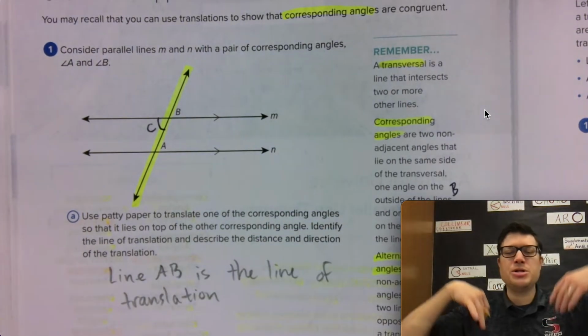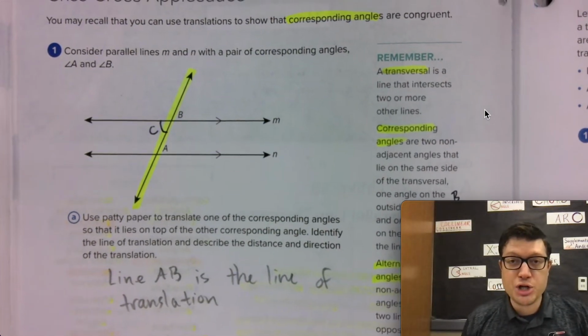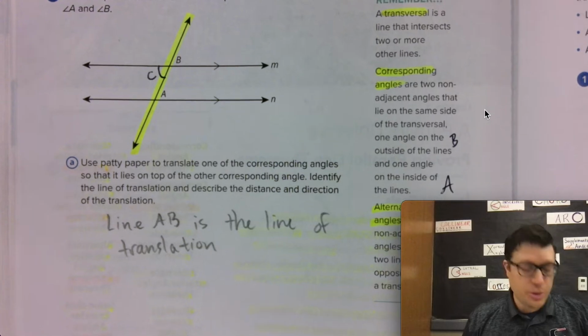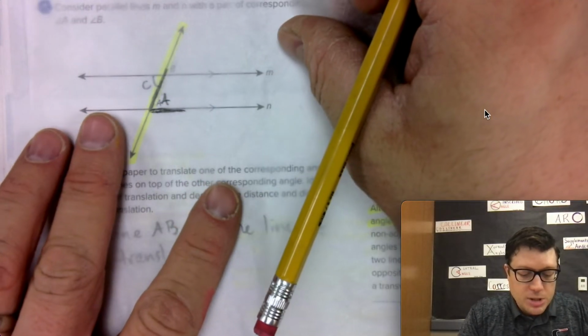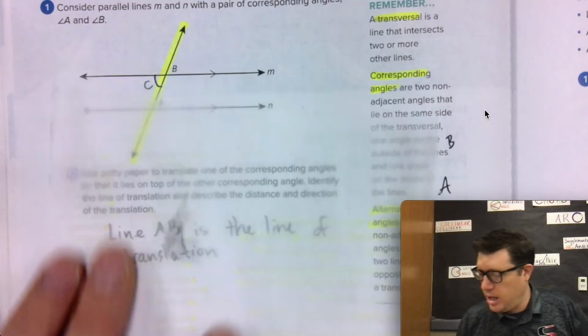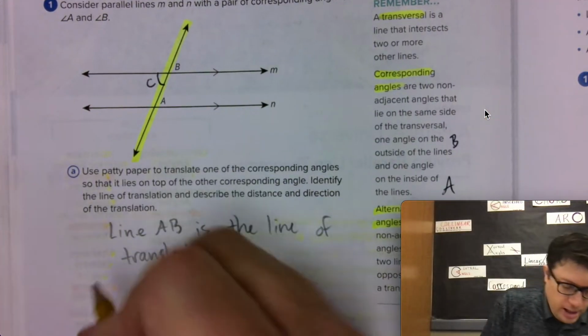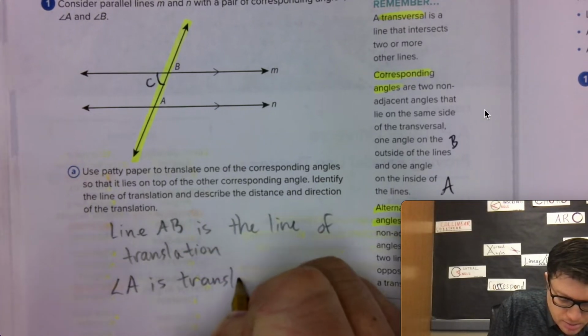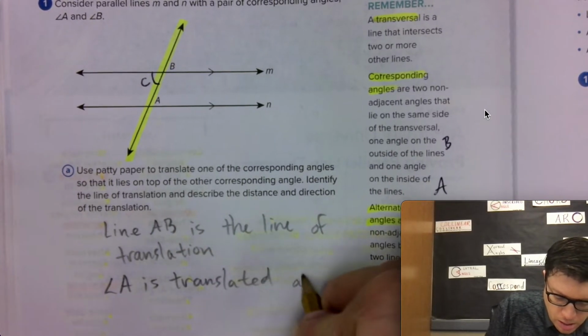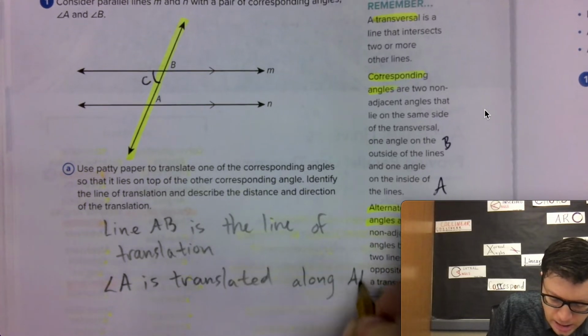You have to be able to describe how that action is being completed. And so in this case, sliding angle A up to angle B, we're sliding in the direction of line AB. Angle A is translated along line AB.